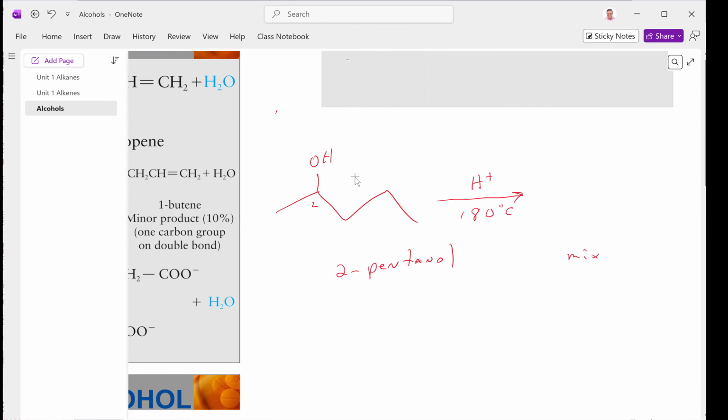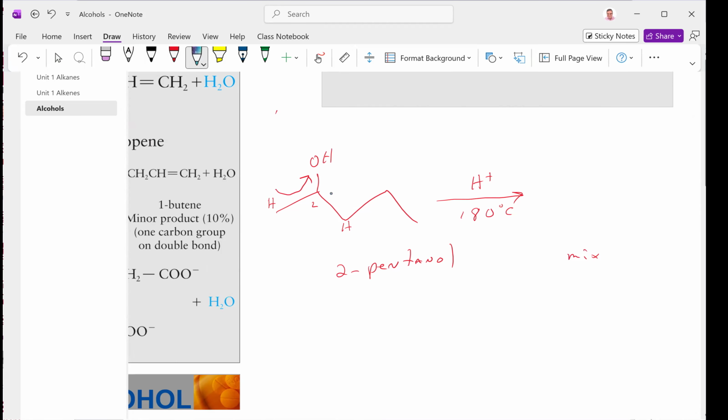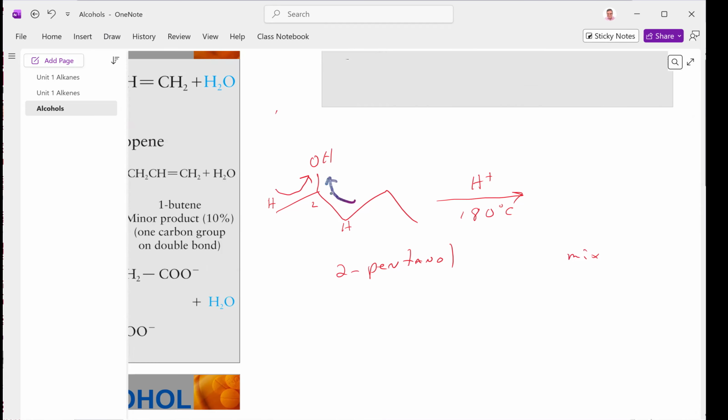The reason why you're going to get a mix is there's two ways to pull off water. We have a hydrogen here. And we have a hydrogen here. So here's one way to pull off water. And this is another way to pull off water.